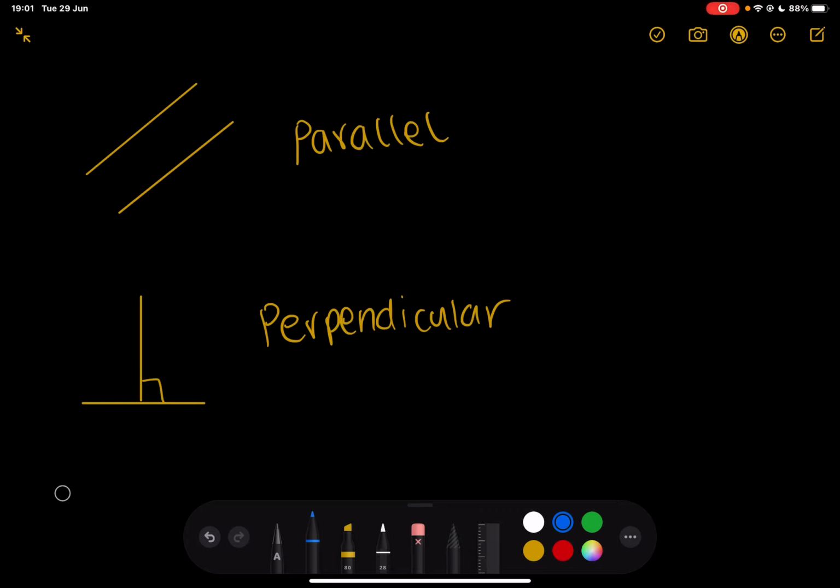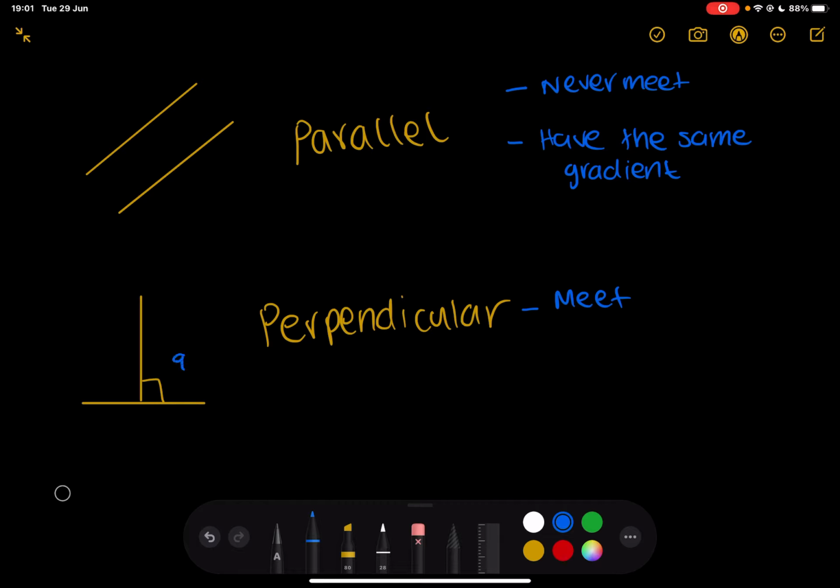Okay, so parallel lines never meet, and parallel lines have the same gradient. Perpendicular lines meet at a 90-degree angle.